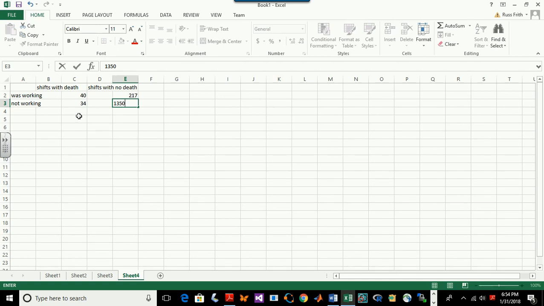Okay, so now the totals here would equal the sum. So we're basically calculating our chi-squared test statistic.